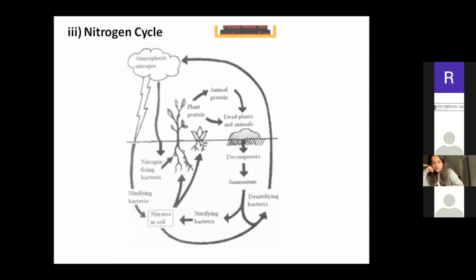So the first important process of fixation of nitrogen is lightning or thunder. During lightning or thunder, the nitrogen molecule is broken up, and that broken up molecule of nitrogen subsequently is made available to the plant species.